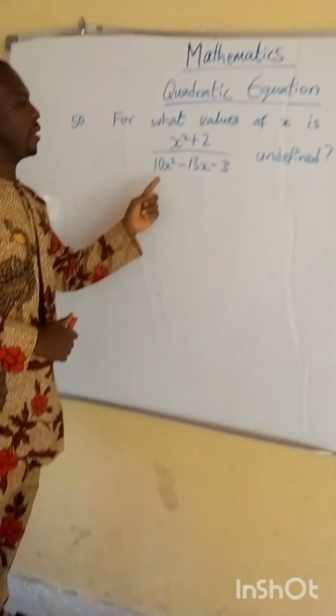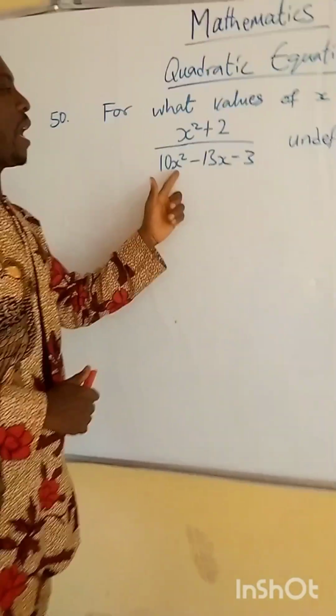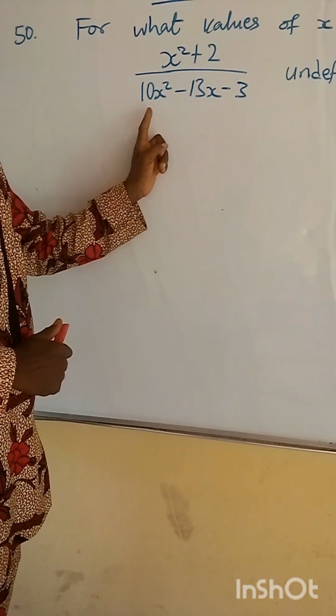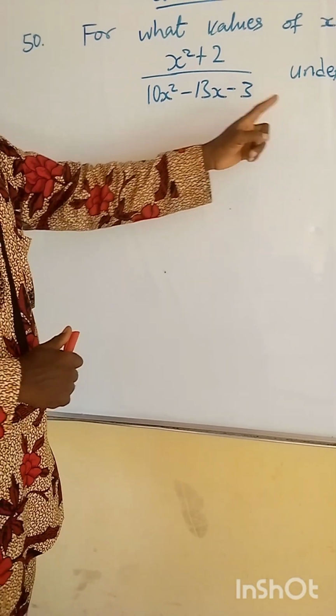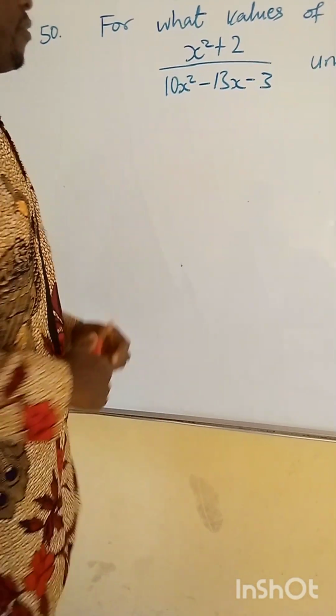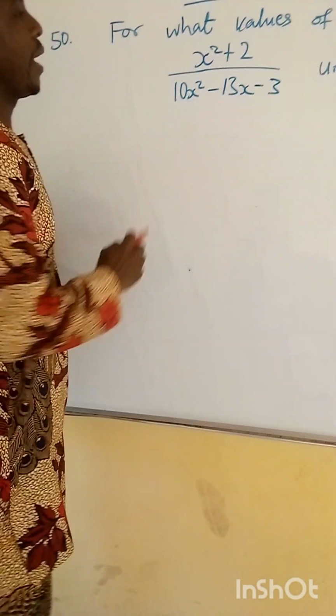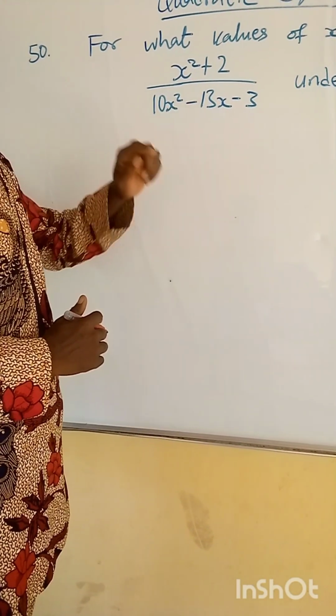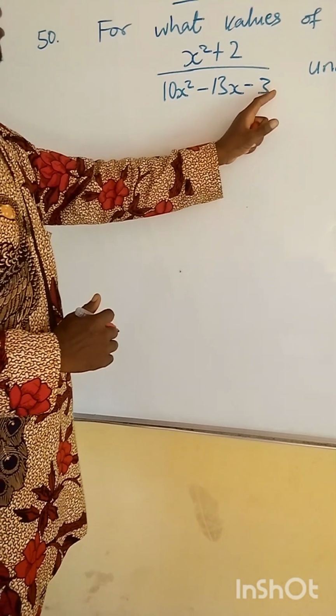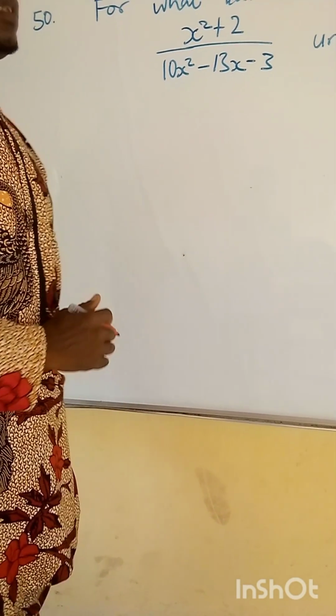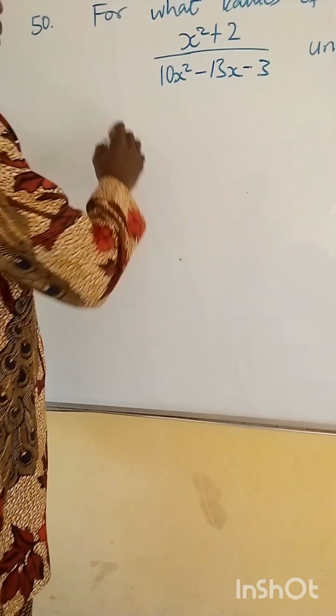Now, when the values of x add up to 0, then the equation is undefined. So we'll go ahead to look for the values of x that can give us 0 at the end of this quadratic equation.